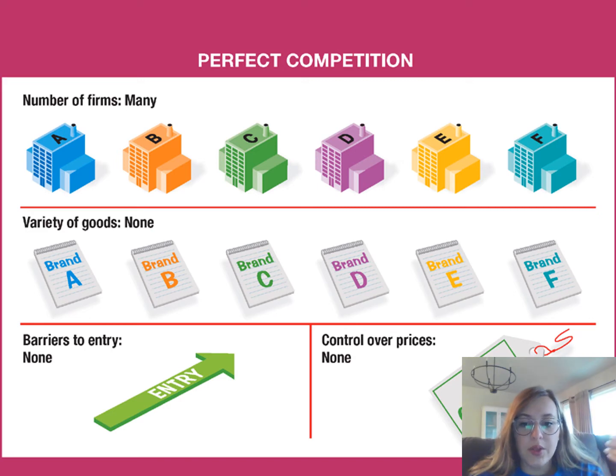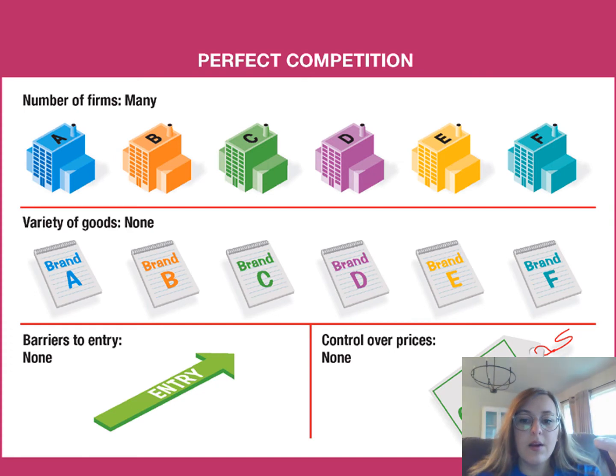As we're going through these different sections in chapter 7, I'm going to have you record these 4 criteria, because we're going to talk about each of them as we go through the other market structures as well. That will help us differentiate between the different market structures.